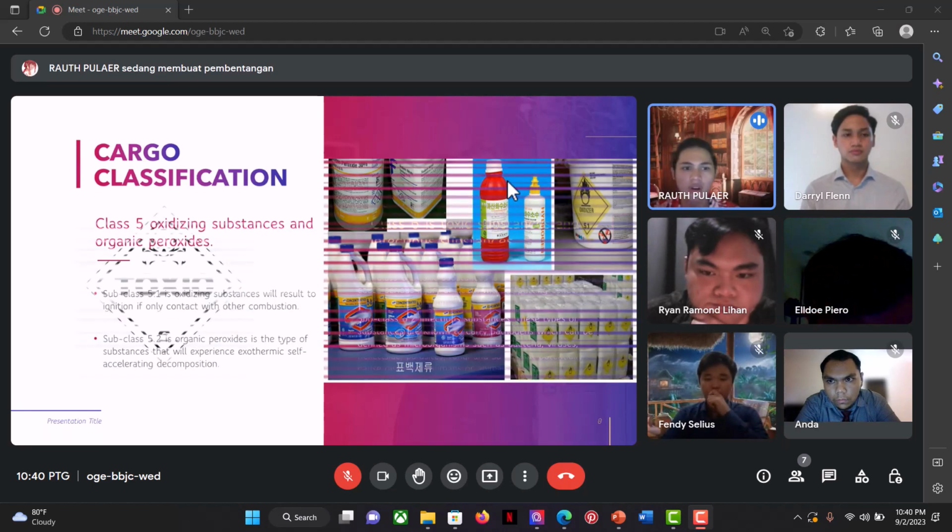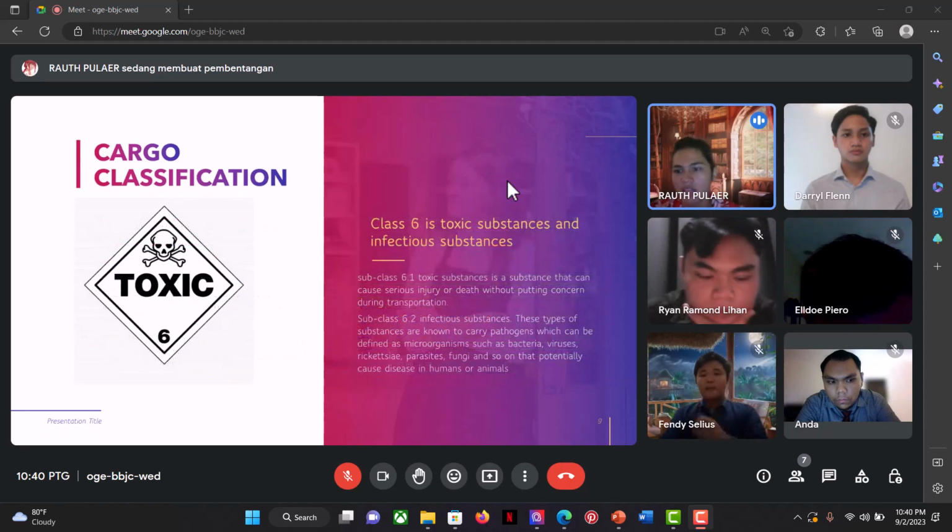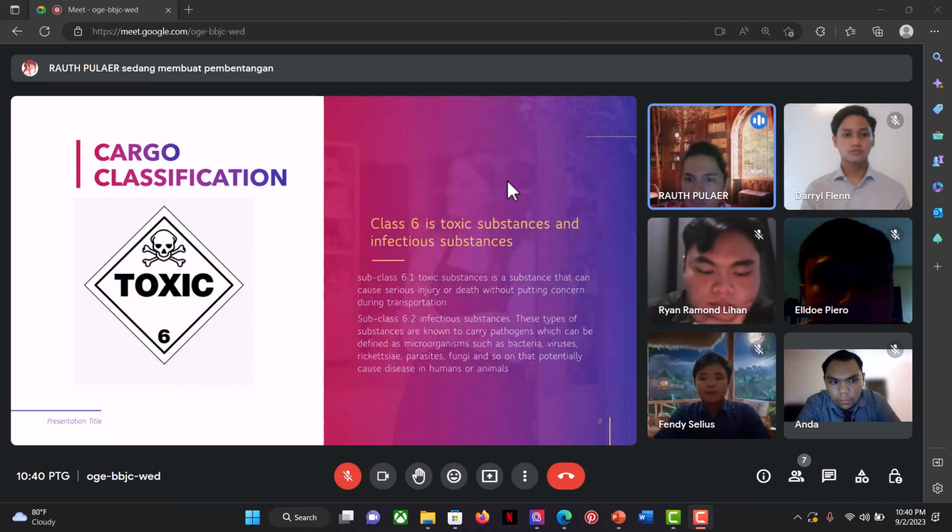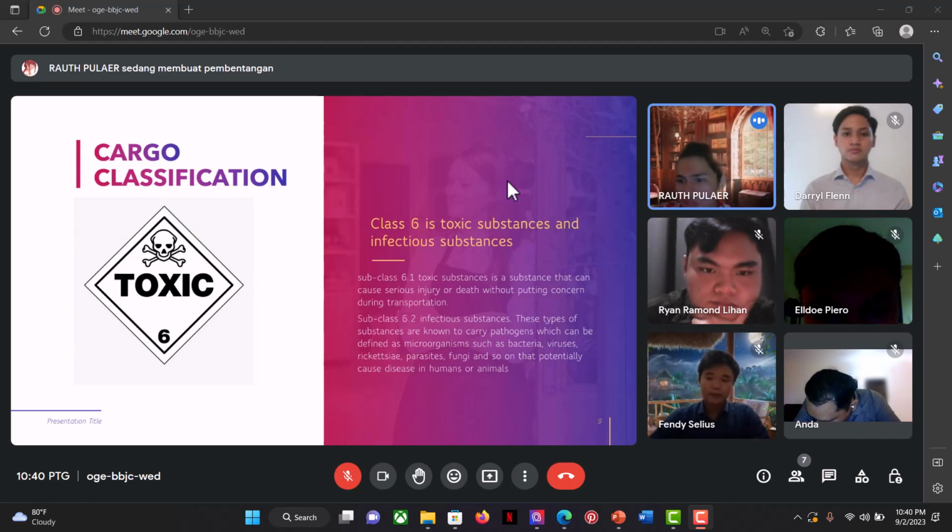Moving on, the sixth class that I'll finally explain is toxic substance and infectious substance. Under class 6, there are two subclasses. For 6.1, toxic substance is a substance that can cause serious injury or death without due concern during transportation. Subclass 6.2, infectious substance.